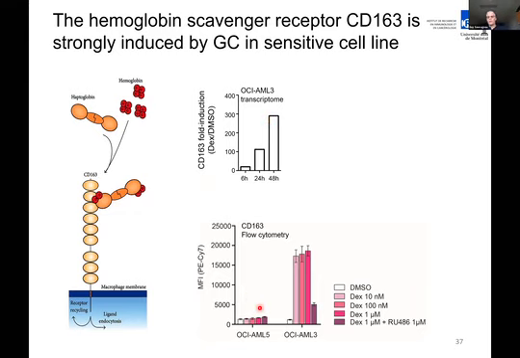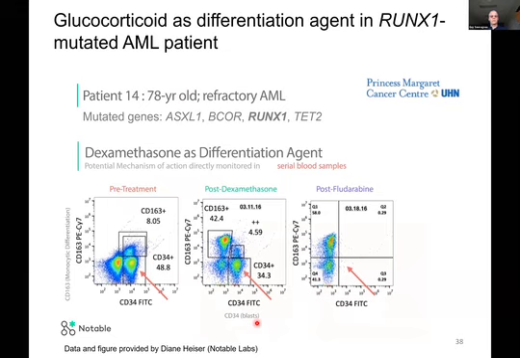And if you give an inhibitor to the GR receptor, you see that the protein CD163 is not very well expressed. But if you look at different doses of DEX, you see that even at 10 nanomolar, there's already maximal expression level. The resistant cells do not upregulate CD163.